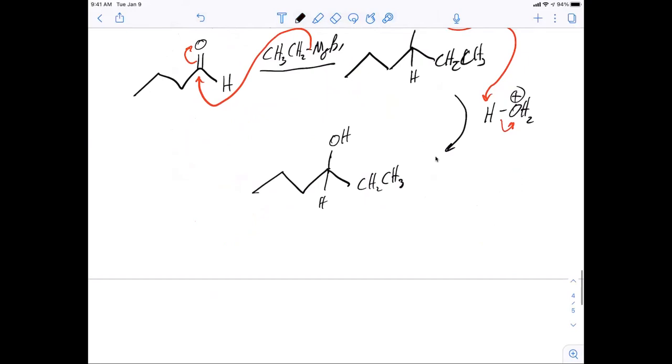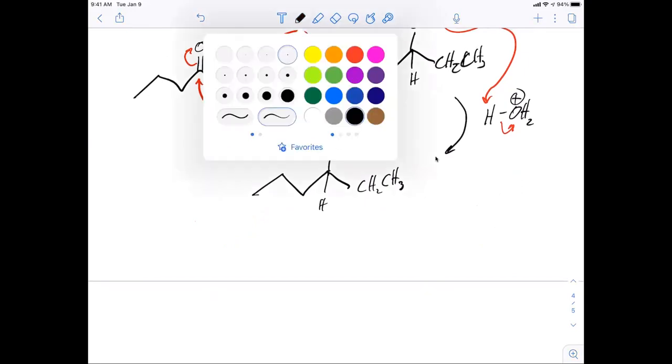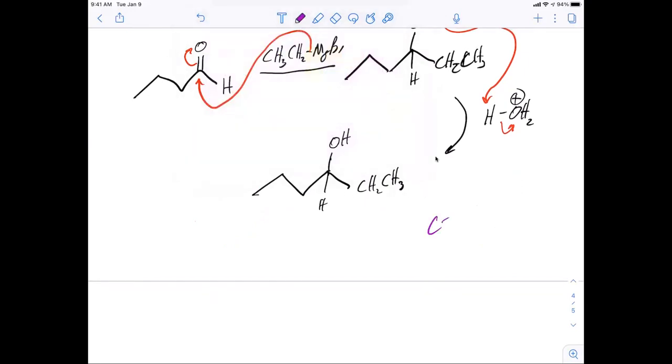Okay. The importance of this Grignard reaction is you're making a carbon-carbon bond, right? So that means you're changing the carbon skeleton. And those are always reactions you should put a star on, right?